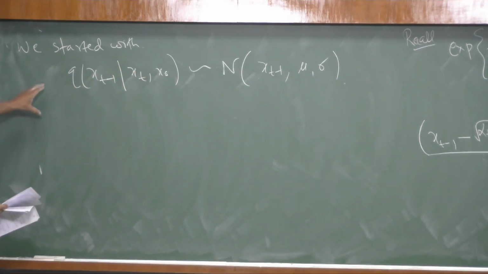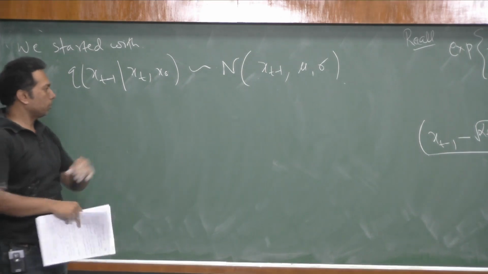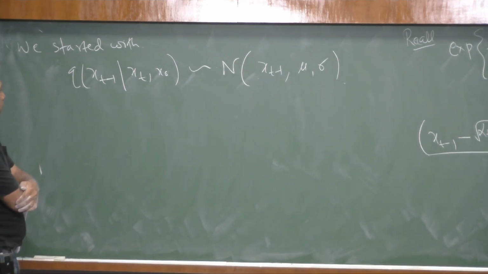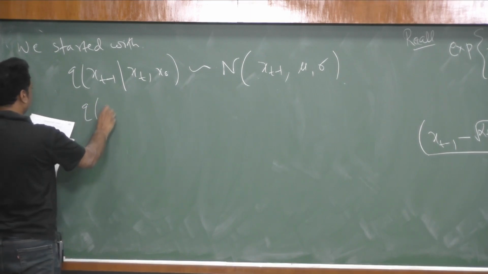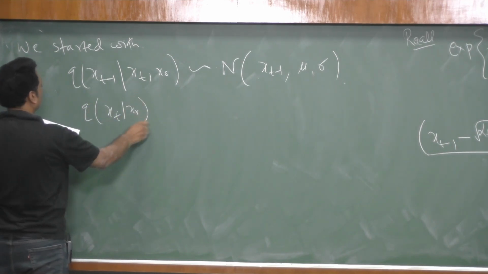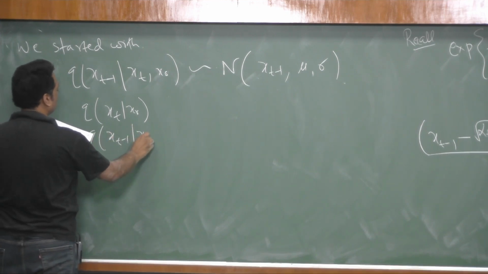So the whole point was that this can be calculated. So now we can say this is a normal distribution with that mean and variance. And we had the other terms we already calculated, x_t given x_0. So we had the normal distribution for this, and obviously also for this.